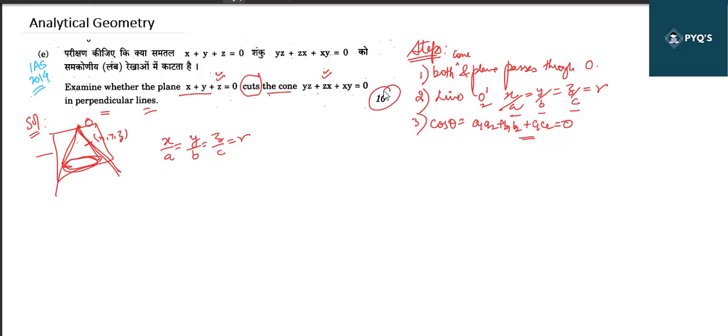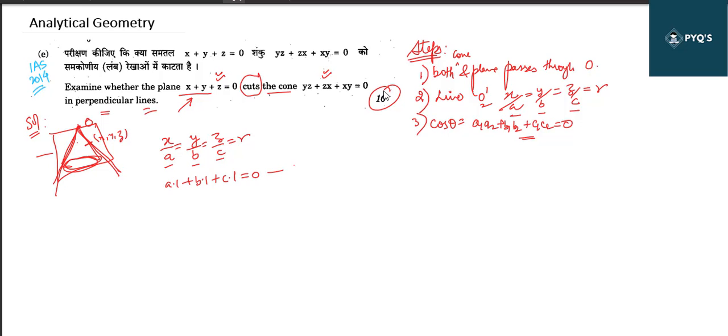Now if lines are in the plane, then the DCs of normal to the plane and the DCs of line should be multiplied and give 0 because both are perpendicular. That means a into 1 plus b into 1 plus c into 1 equals to 0.